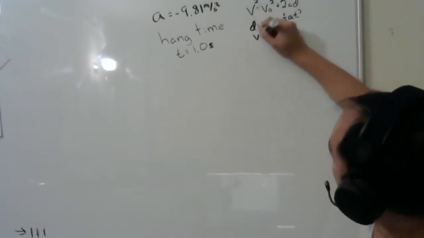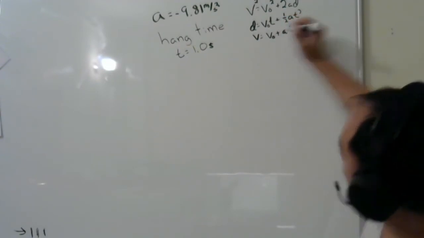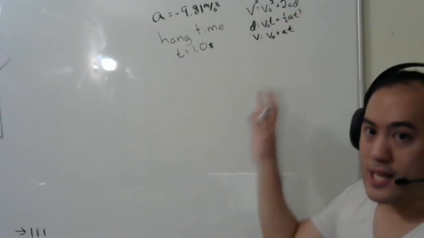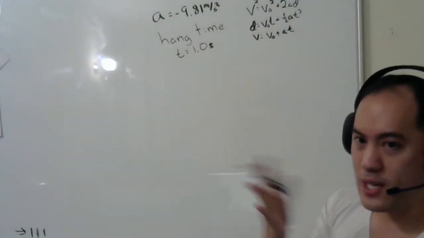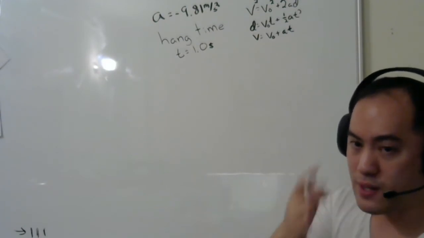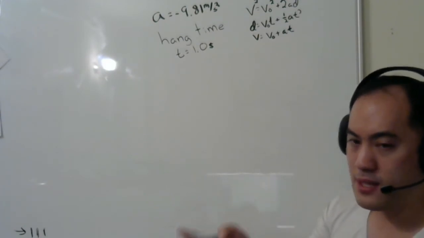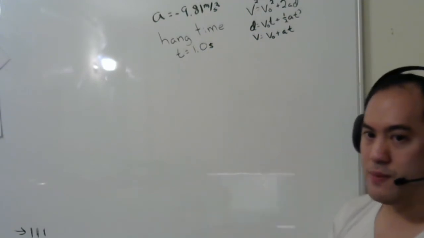I guess we also know v equals v naught plus at. You can't solve any of these with only two variables. They all have four variables. The way equations work, you need to have three variables to find the fourth. You need to know every variable except one to find the unknown. But if you only know two, it's not solvable.